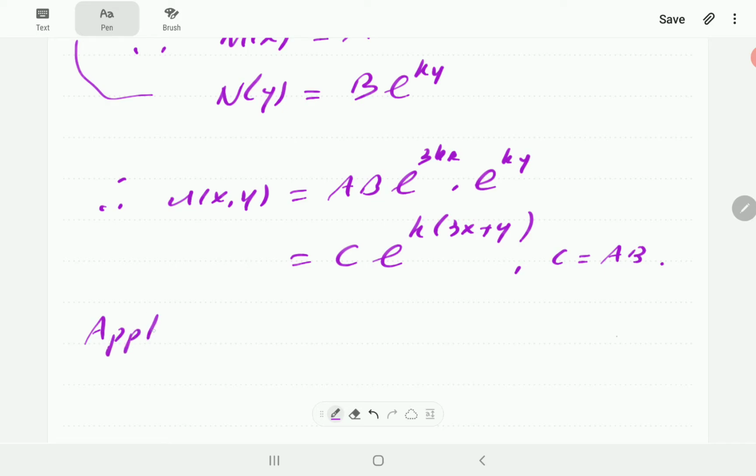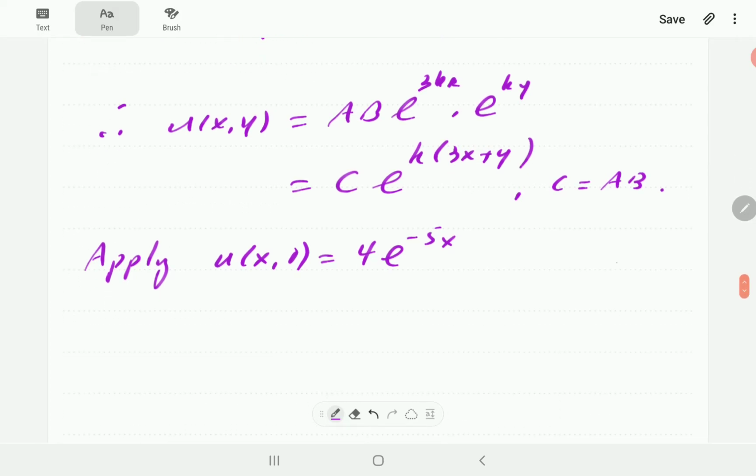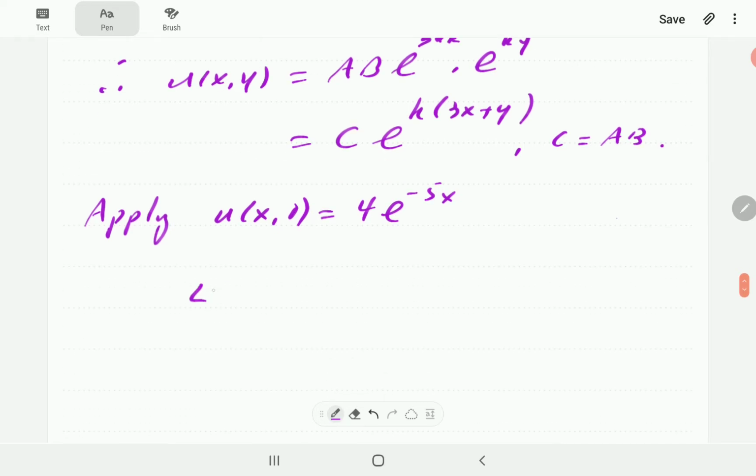After that, we're going to apply the Cauchy data. So we are given that when y is equal to 0, u is equal to 4 times e to the power minus 5x. So that means we're going to take this and plug it in here. On this side, we're going to plug in y equal to 0. So we're going to have 4e to the minus 5x is equal to ce to the 3kx, as we substitute y equals 0.